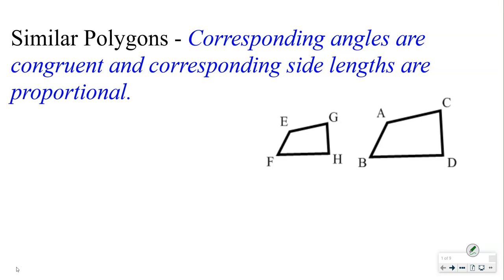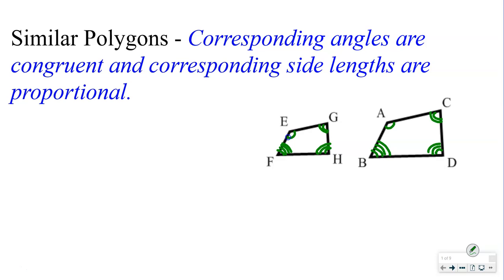So if we look at our two polygons here, if I were to say that angle E and angle A were congruent, and G and C were congruent, and H and D were congruent, and F and B were congruent, then I could say that I have similar polygons.